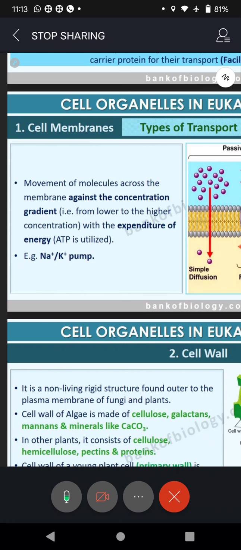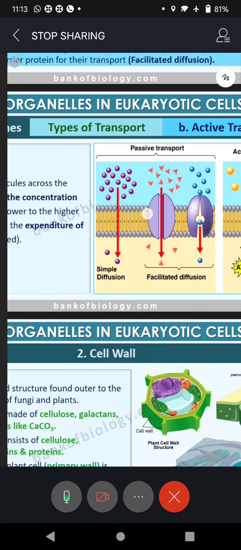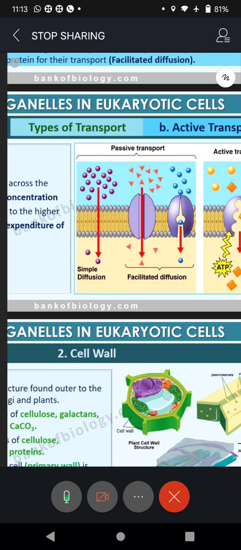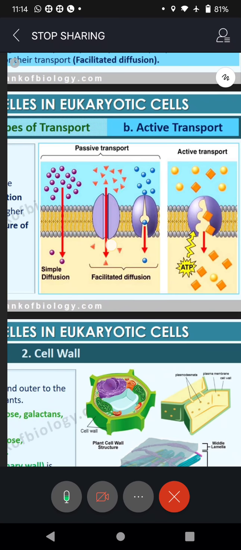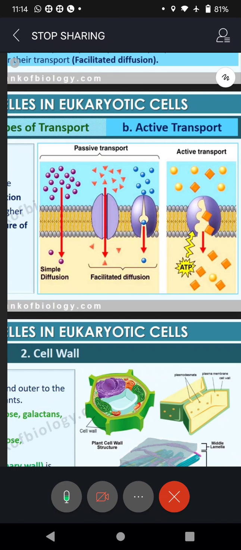Now, what happened here? If molecules are moving from high concentration to low concentration, no problem, because the concentration gradient is there. Without spending any amount of energy, materials will move. But what happens if there is movement from low to high? Already materials are low, and from low they have to move to high concentration.